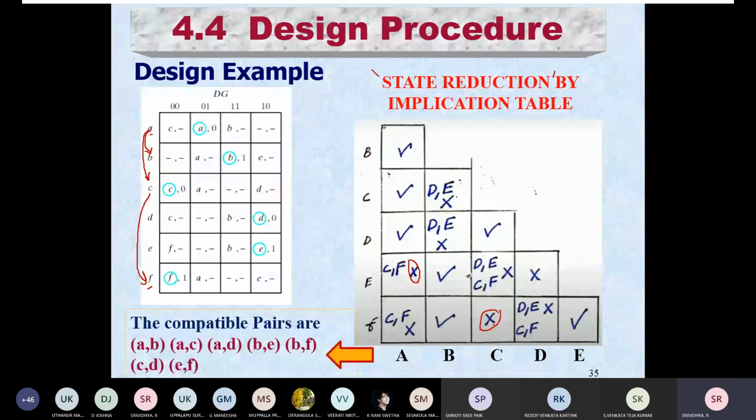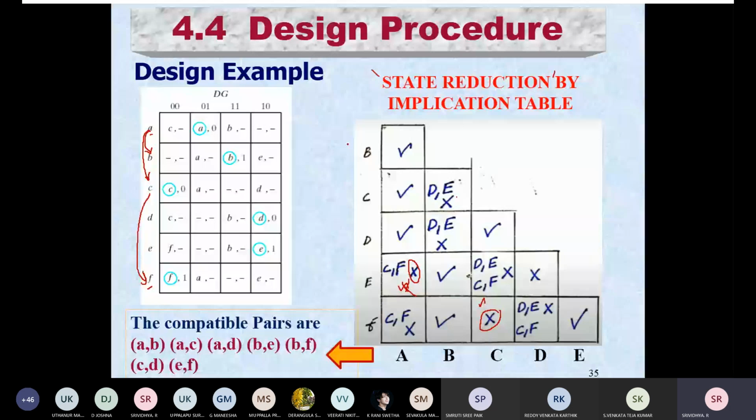Since this is a cross, I'm following this cross here. It is not at all going to match, so I'm putting a cross here. But if a tick mark comes here, then this will become a tick mark, and this will be added to your compatible pairs. But since here itself it didn't match, this is always a cross mark. So now all these are your don't care conditions.